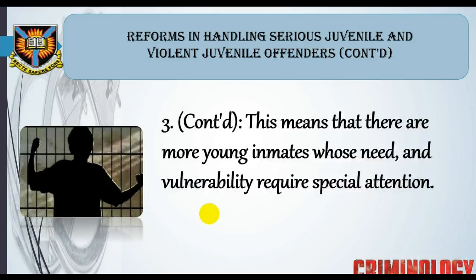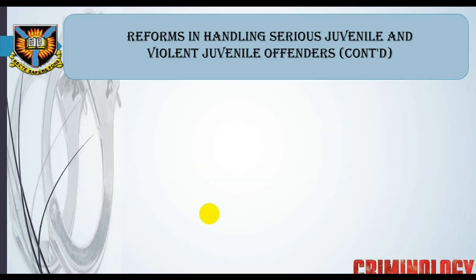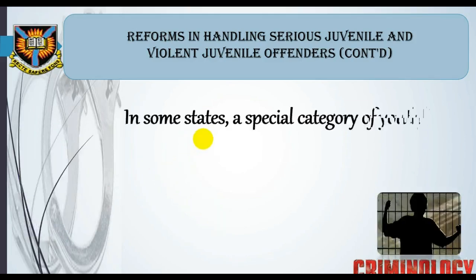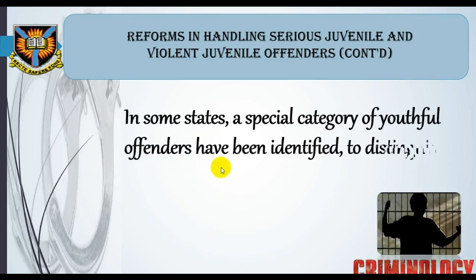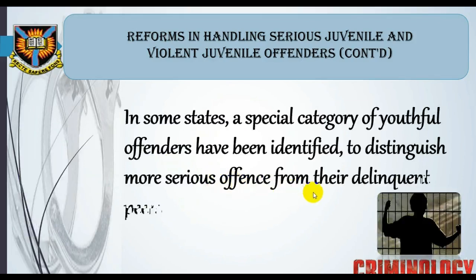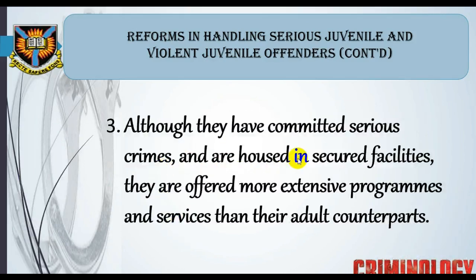In some states, a special category of youthful offenders has been identified to distinguish more serious offenders from their delinquent peers. Although they have committed serious crimes and are housed in secure facilities, they are offered more extensive programs and services than their adult counterparts.